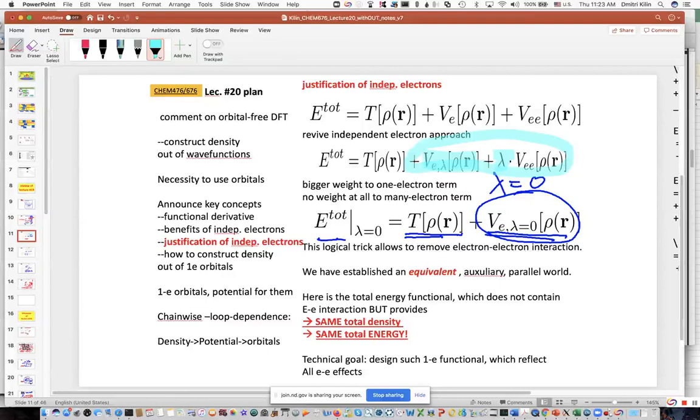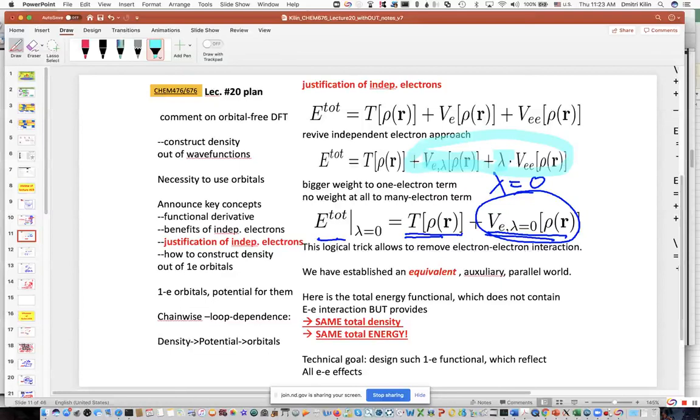And if one accepts this assumption, then one can perform all calculations in this auxiliary world, where electrons do not interact with each other explicitly.